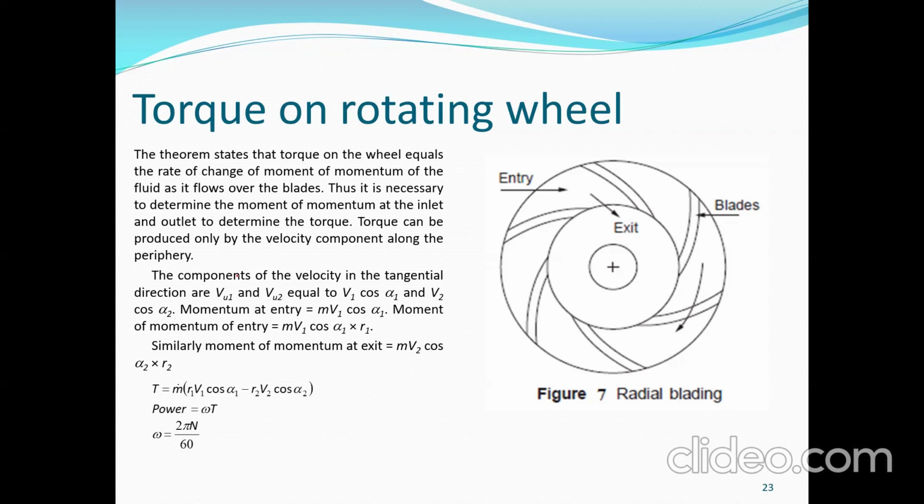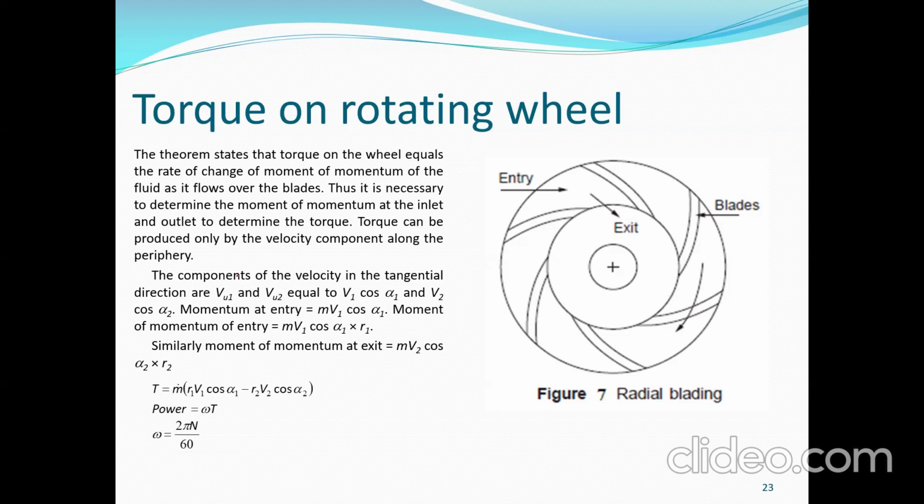Okay? Yung momentum mo is mV. So, kami yung cosine. Pag minultiply mo siya ng radius, magiging moment na siya. Di ba? Force times distance, radius is the moment, or torque. Similarly, moment of momentum at exit is m V2 cosine of alpha 2 times r2.